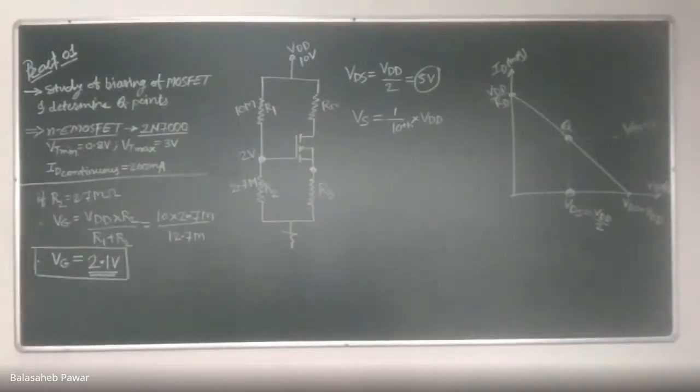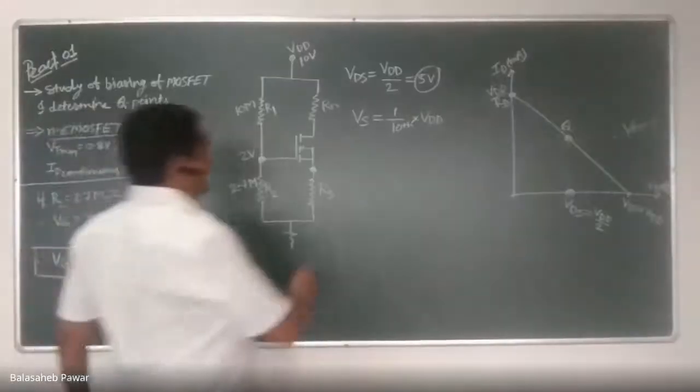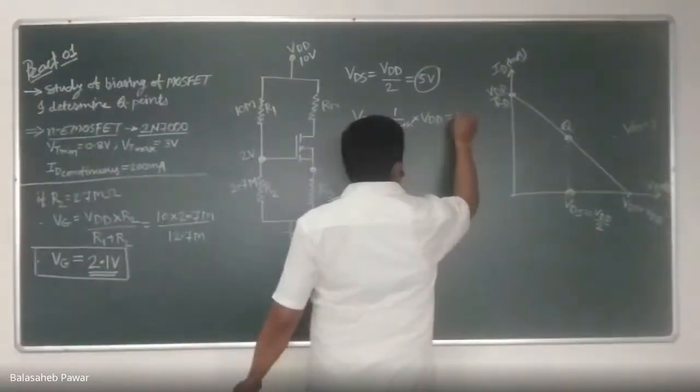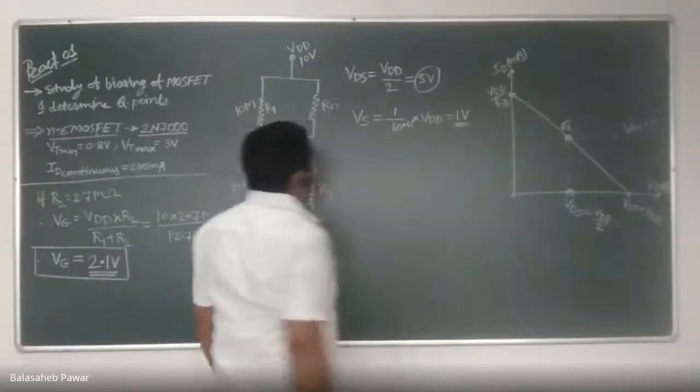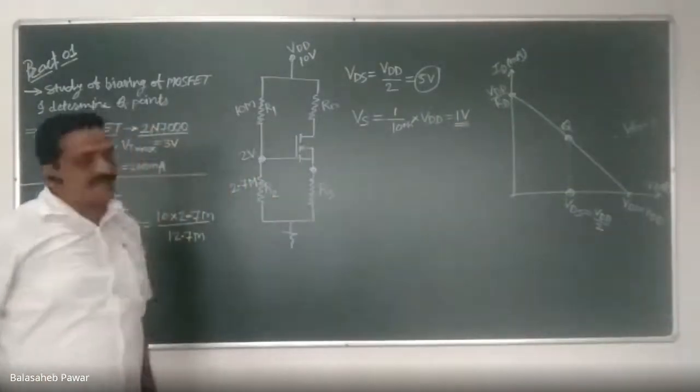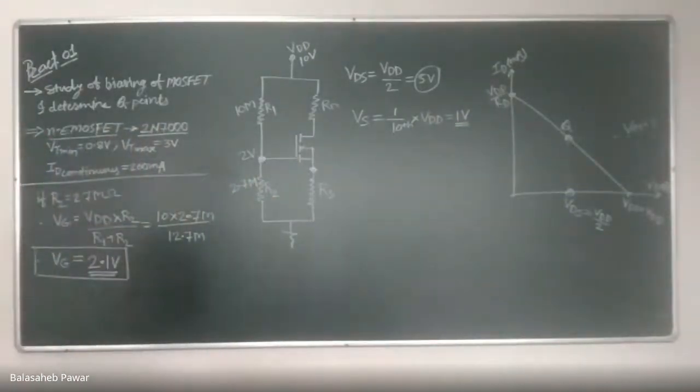Vs should be 1/10 of VDD, and therefore it will be how much? Yes, it will be 1 volt. Note it down. We consider that Vs as 1 volt.